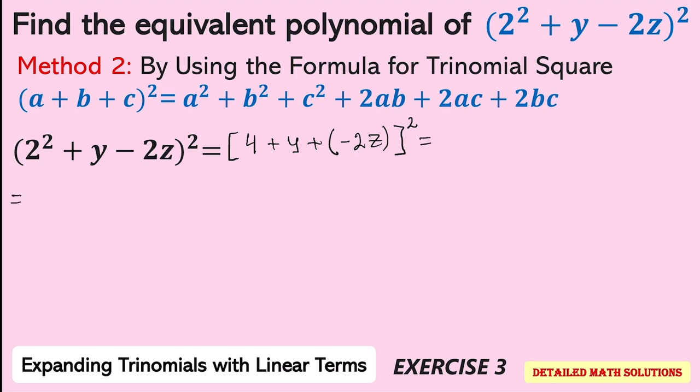This way, 4 corresponds to the a in the formula, y corresponds to the b in the formula, and negative 2z corresponds to the c in the formula.